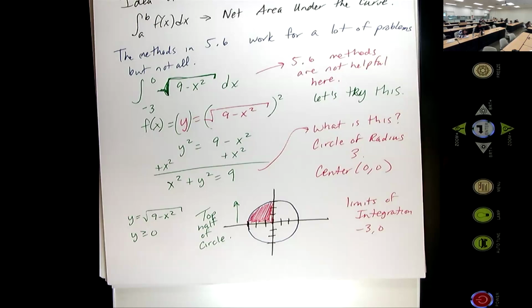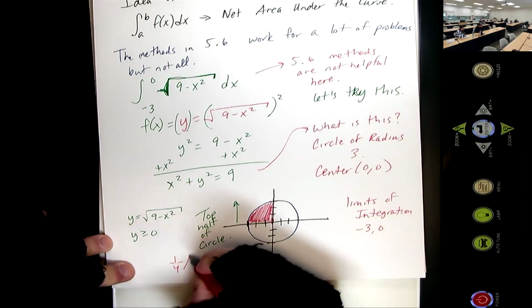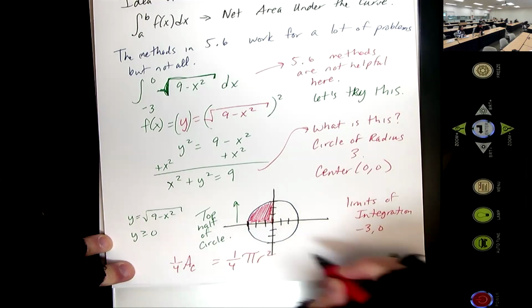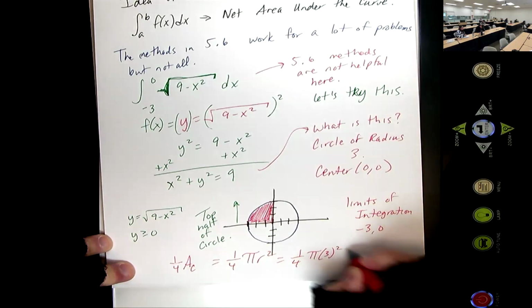Can I find the area of that without using the integral? We're looking at a quarter of a circle. Quarter of the area of a circle. 1/4 pi r squared. 1/4 pi 3 squared.